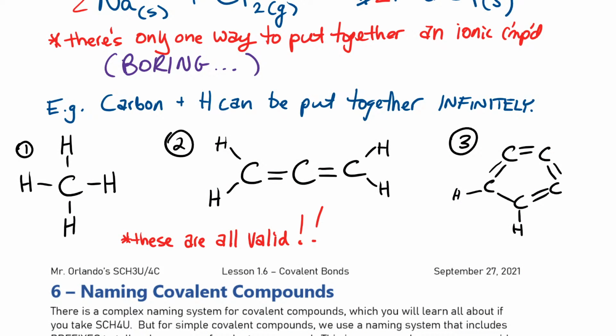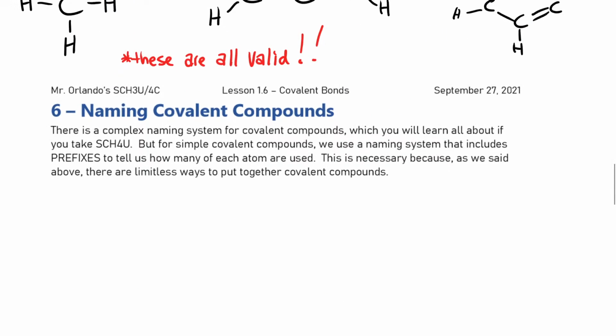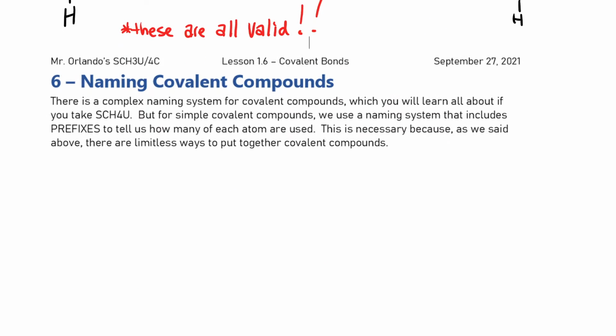Covalent compounds are interesting. Naming them gets more complicated because they are more complicated. Ionic compounds are easy to name. There's only one way they can be put together. Covalent compounds can be put together myriad ways. And so we need a more complicated system. See, the problem is CO and CO2 both exist.